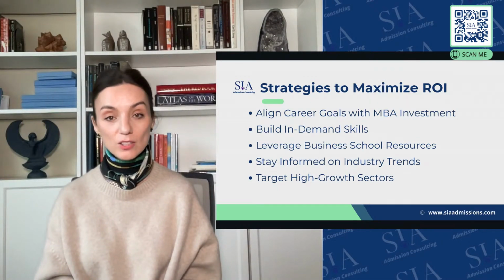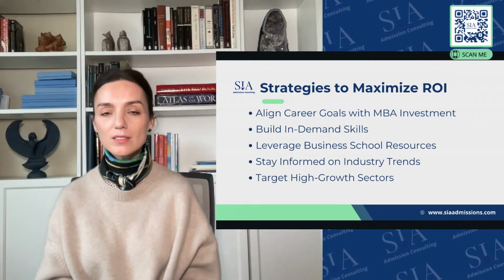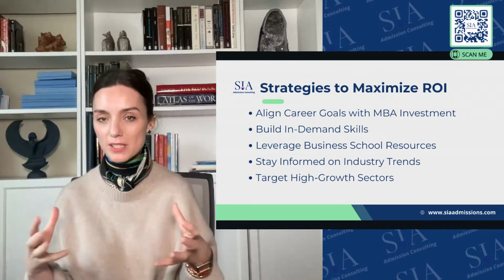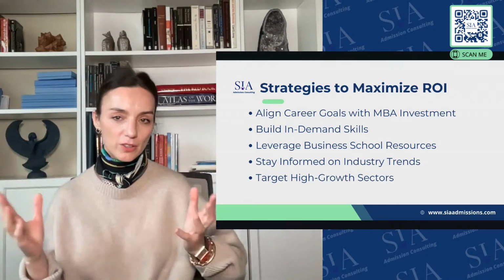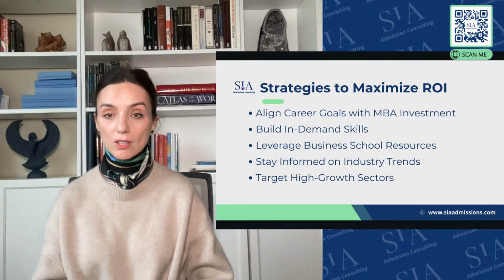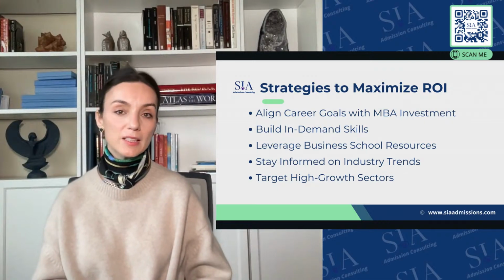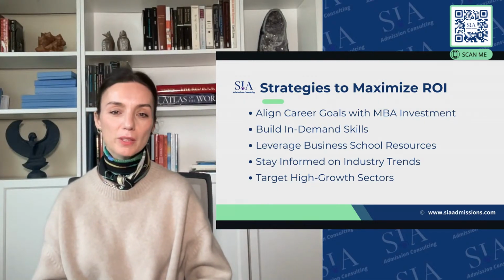So when you're selecting schools, keep that component in mind, even if it's not necessarily a part of the MBA program. So look beyond the MBA, the business school, and see what opportunities lie within the umbrella university. You are going to, of course, irrespective of which area you are looking to go into, look to build in-demand skills and look for schools that offer you those opportunities to build those in-demand skills.